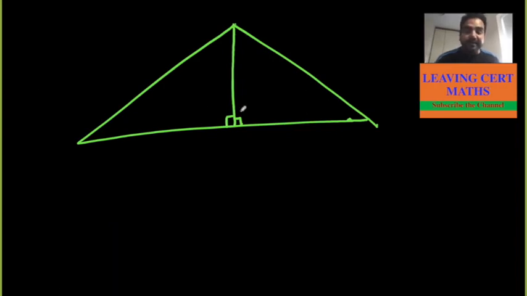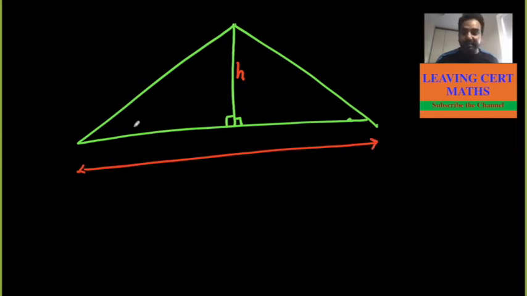But the main thing is, with all these triangles, H is common, right? Maybe they will give you the full length of this. Maybe they ask you alpha, this angle. You can apply all the formulas here.